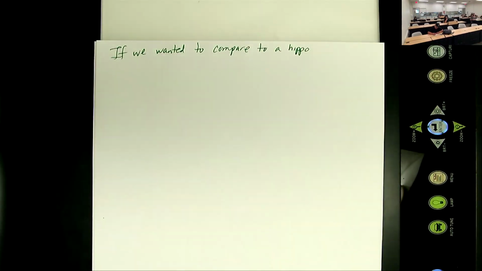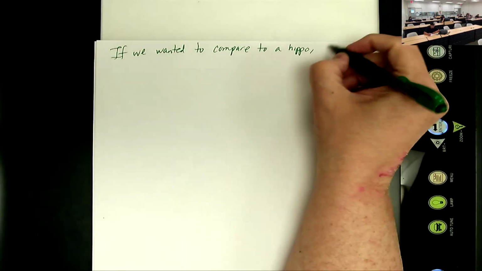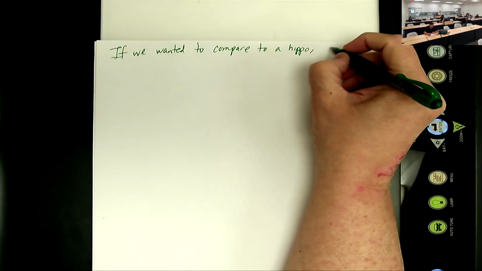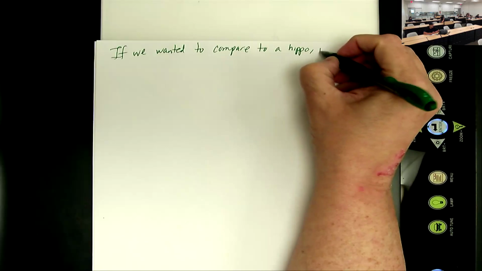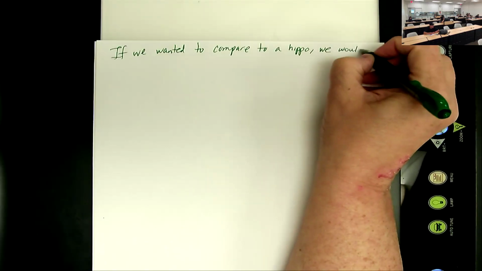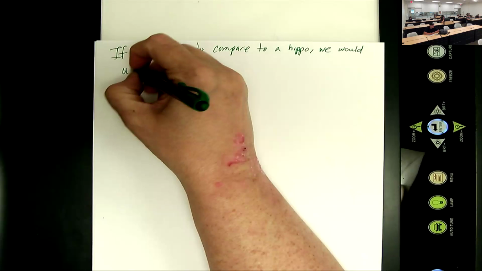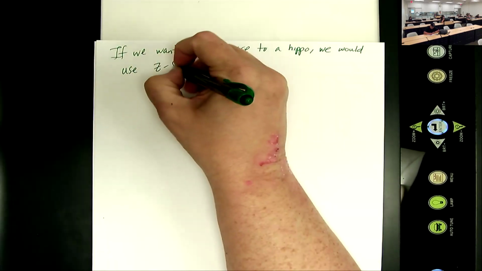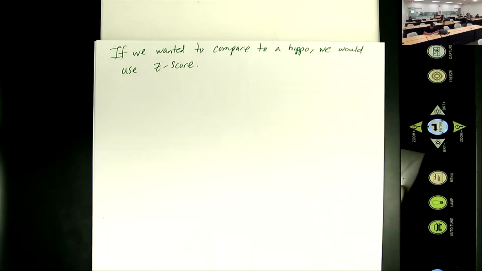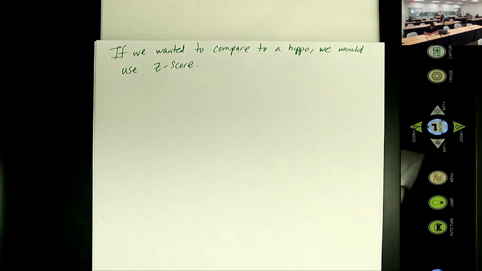I have no idea what the mean and standard deviation of a hippo is. It's like apples and oranges, but we had a tool for this. We would use Z-score. And we calculated this before.